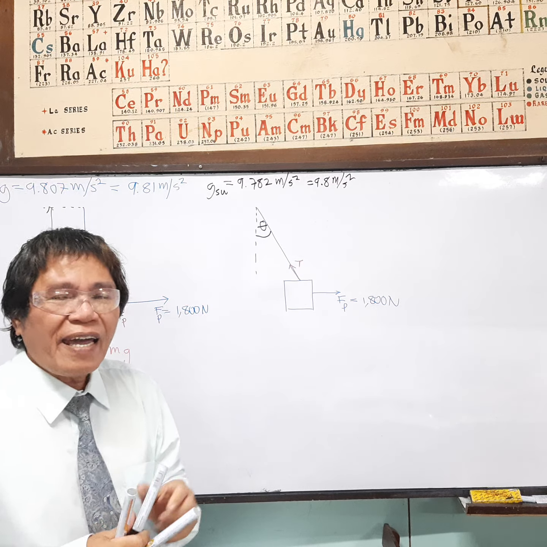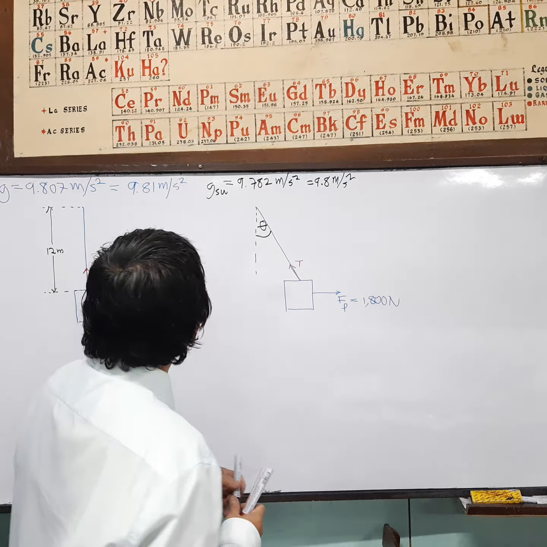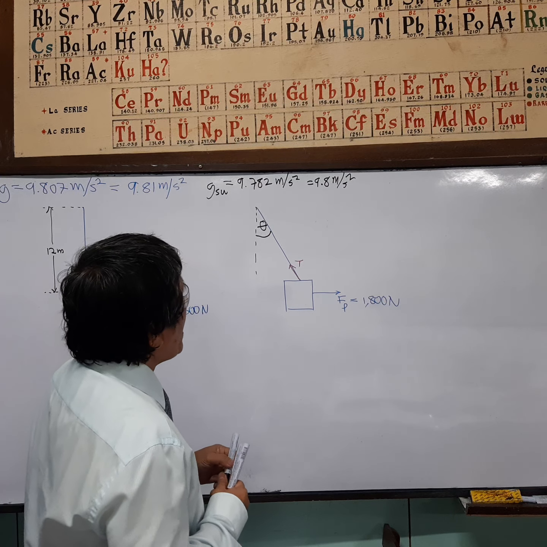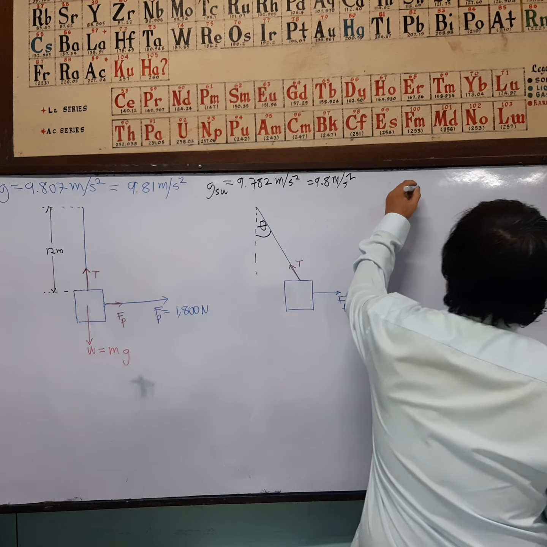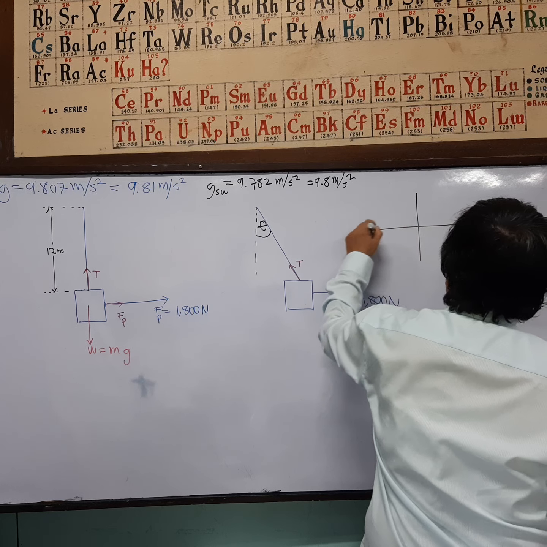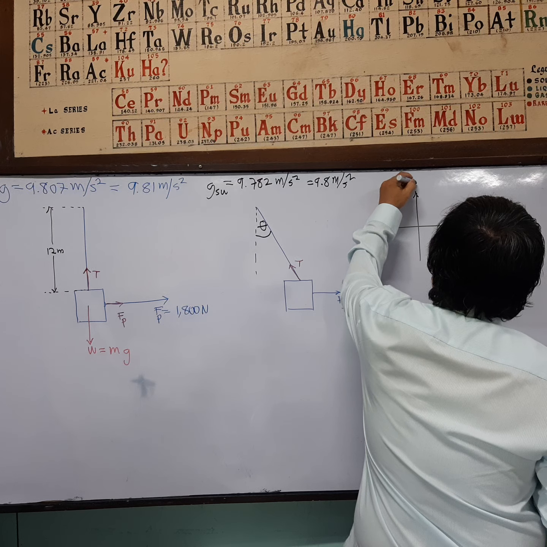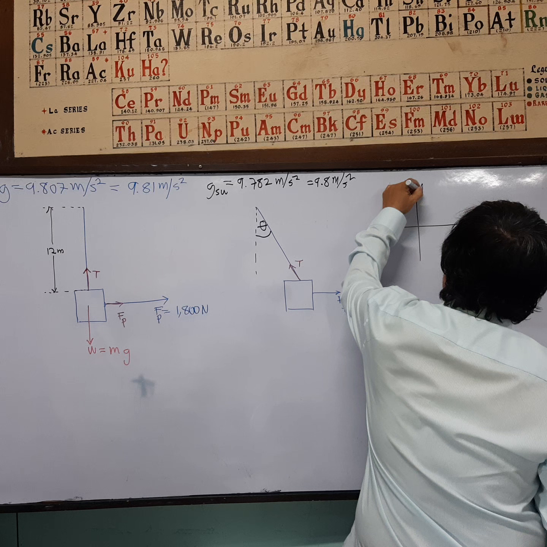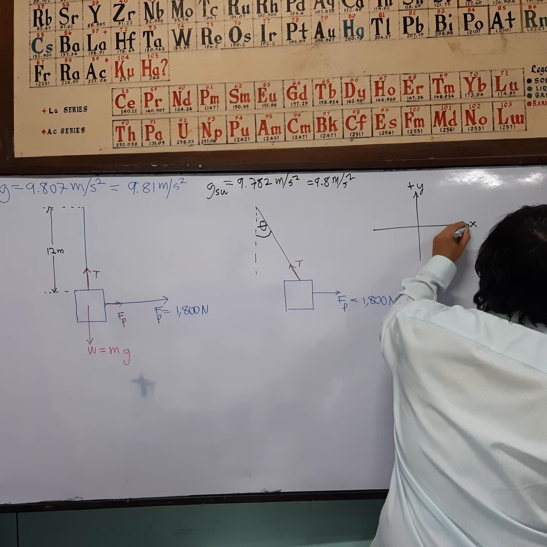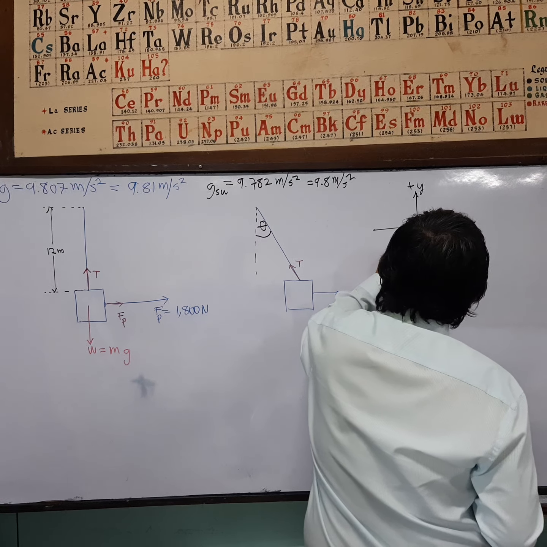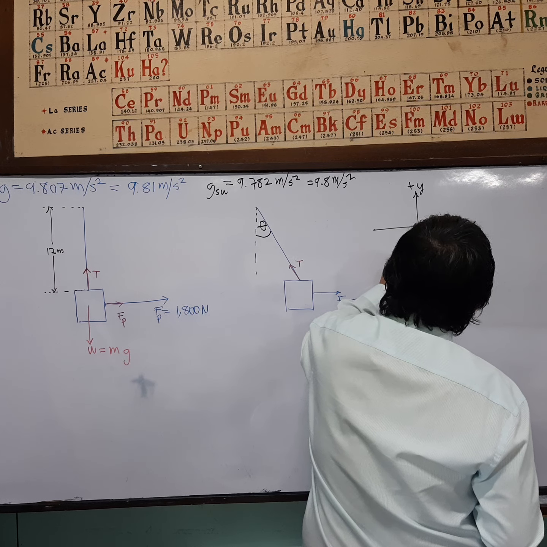Now, what is the x and the y-axis? We have here the y-axis, positive y. This is the x-axis, the positive x. This is the negative y.